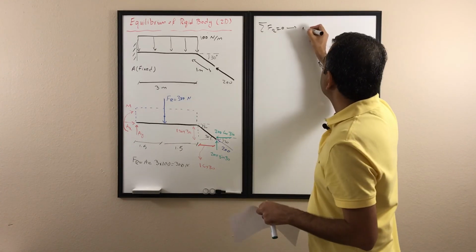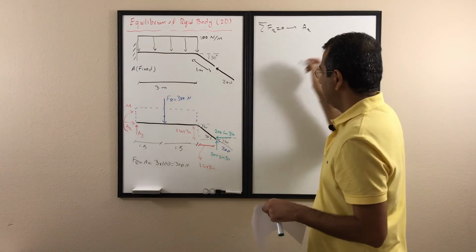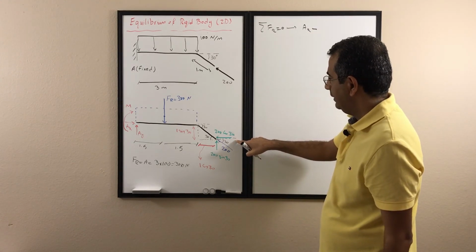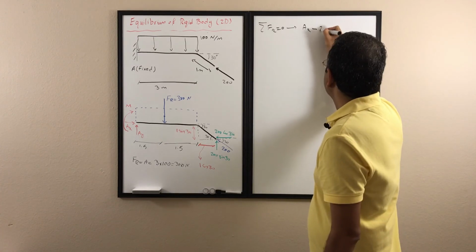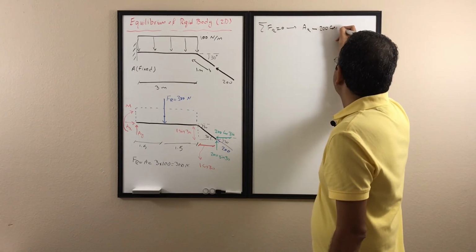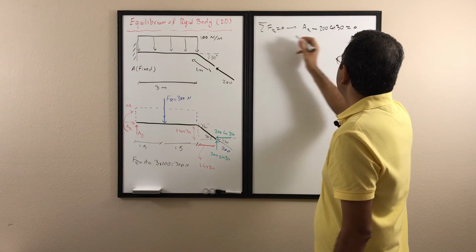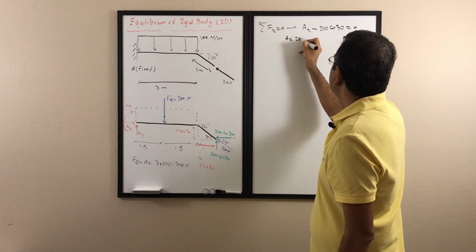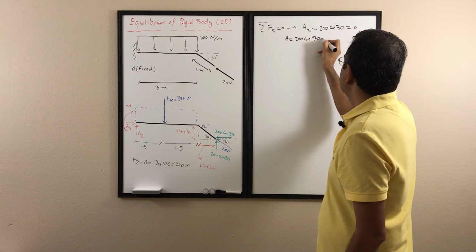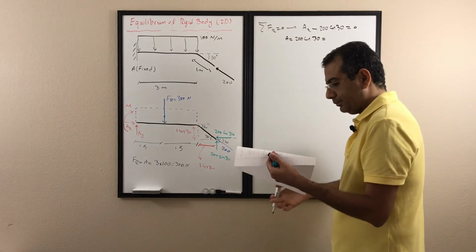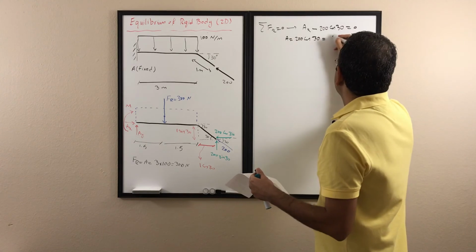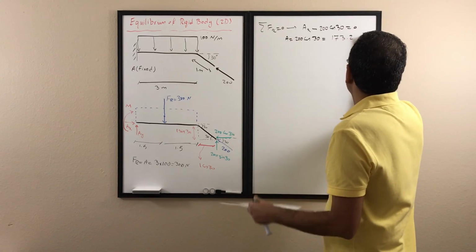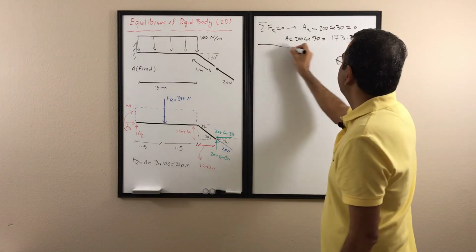So I have AX, which is in the positive direction, minus the only active force I have here in the x direction, which is 200 cosine 30, equals 0. Therefore AX is 200 cosine 30, which is 173.2 Newton. So that is the Fx.